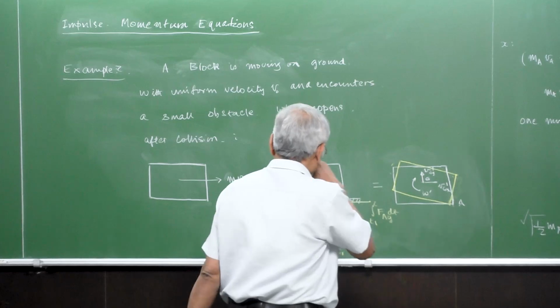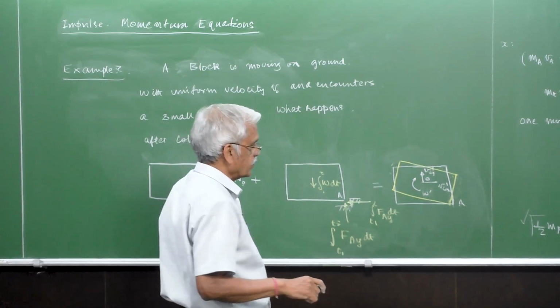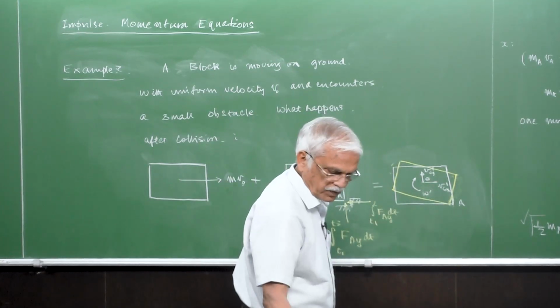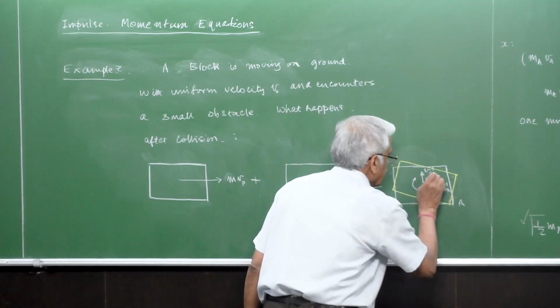So this is linear momentum, and then these are the impulses, and here I put down the velocities, but we can also multiply with mass here.